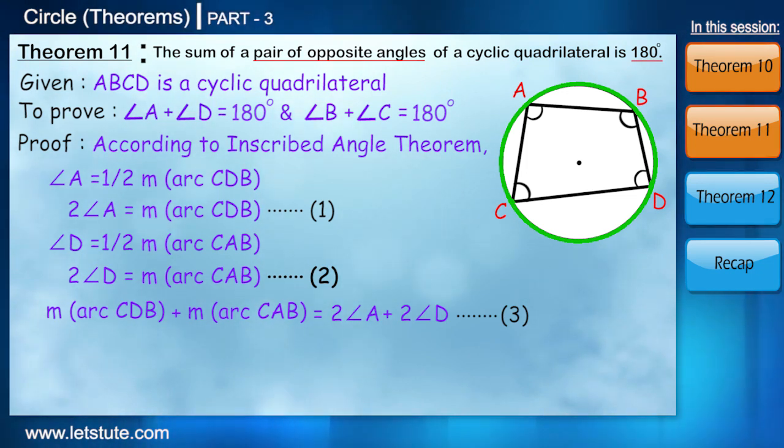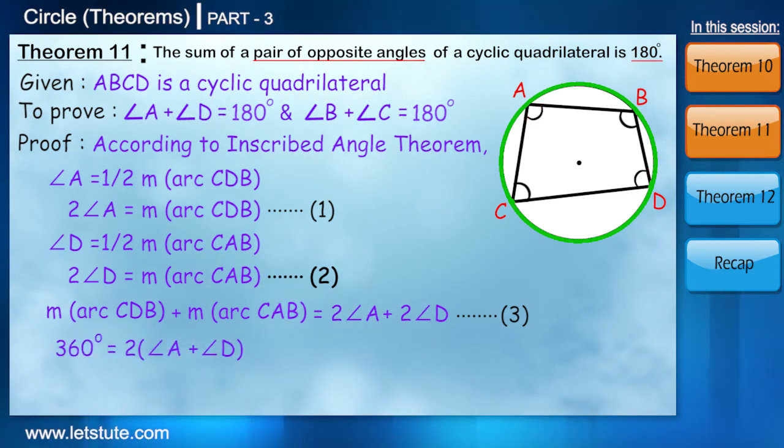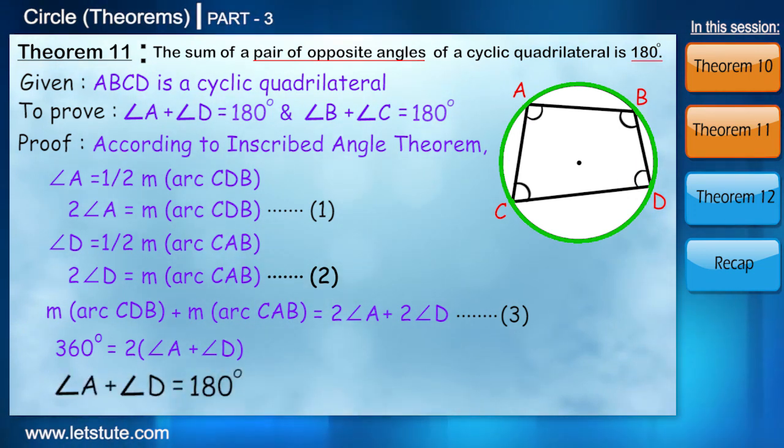So we can substitute that in here and say 360 degrees is equal to twice of angle A plus angle D. And from this we can say that angle A plus angle D is equal to 180 degrees. Same way you can do for angle B and C and prove that angle B plus angle C is equal to 180 degrees.